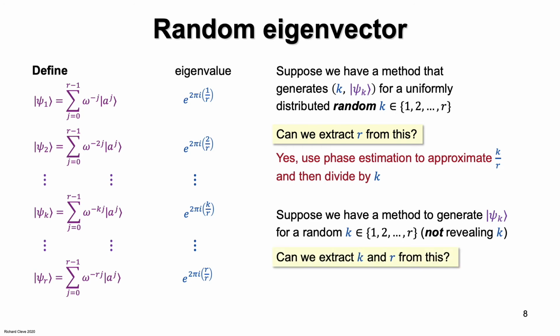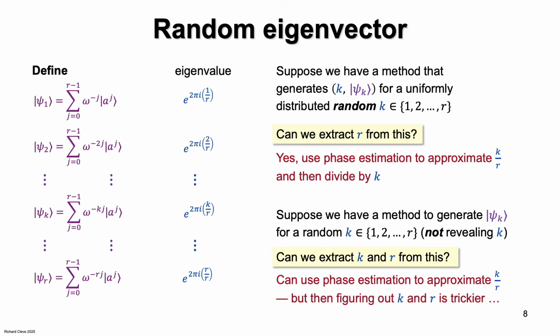Can we still extract r from this? This makes the situation trickier, but it's still possible. We can essentially extract both k and r from this.